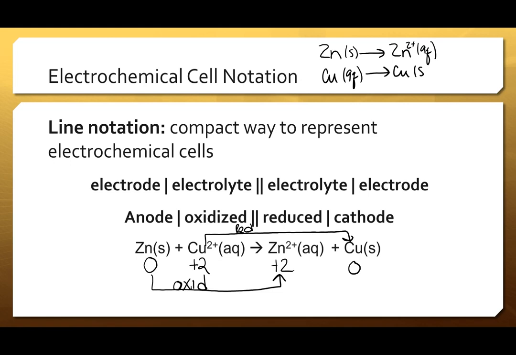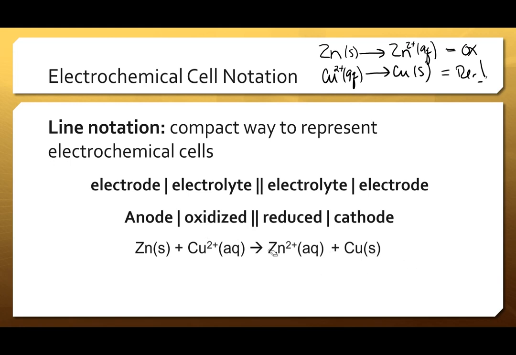Remember, this is oxidized, and this is reduced. Now that we've decided what's being oxidized and what's being reduced, we've also shown what's the anode and cathode by doing that. Whatever is being oxidized, that's the anode. Whatever is being reduced, that's the cathode.